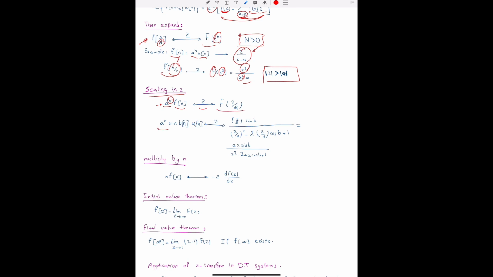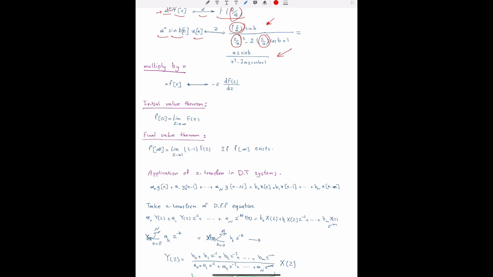So if we have, for example, a to the power of n sine of bn u of n, then we have the same function as we did for the sine of bn, but for all z's, we replace them by z divided by a here. So z divided by a and z divided by a, which we can simplify as this.